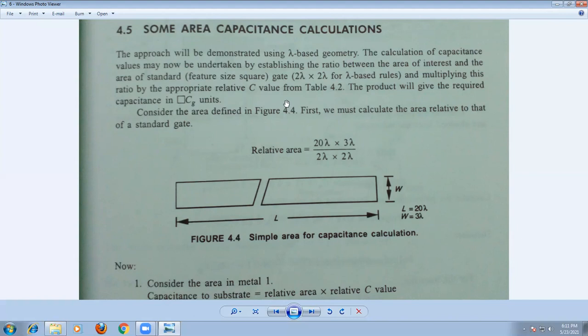Otherwise, you can take the direct area multiplied by the actual value of the capacitance from the table, in picofarads per square micrometer, into 10 to the power of -4, to get the value in farads, or in picofarad depending upon your unit.